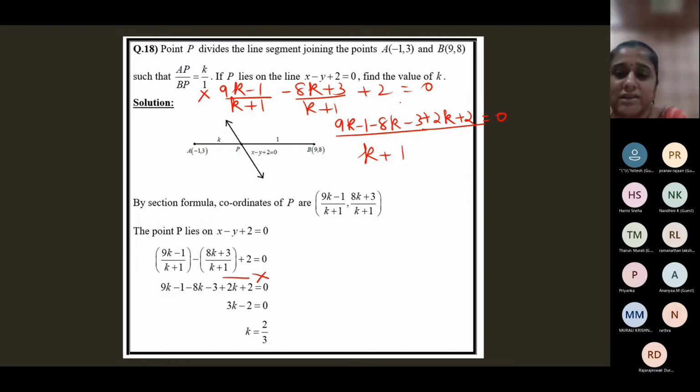Because when you take the LCM, the common denominator, 2 is multiplied with k plus 1. So 2k plus 2, not 1, 2k plus 2. You'll have to multiply this with k plus 1. So when you cross multiply, k plus 1 into 0 is 0. So the numerator you have 9k minus 8k, 1k plus 2k, 3k. Then minus 1 minus 3 minus 4 plus 2 minus 2 is equal to 0.